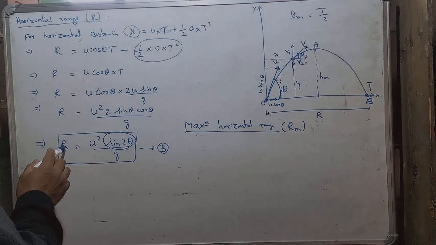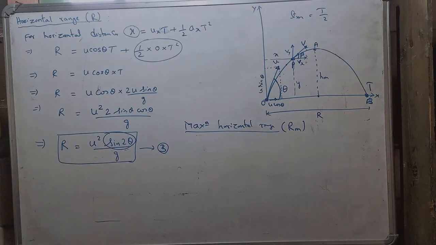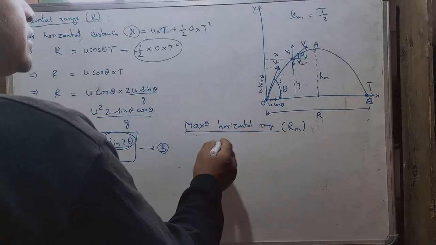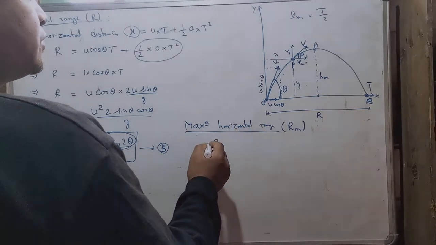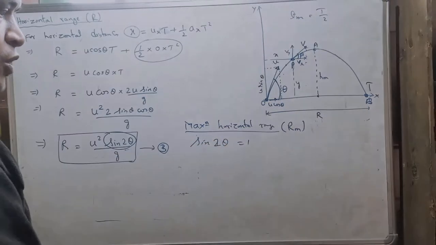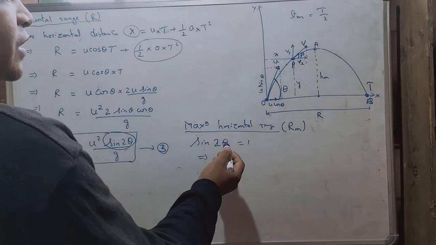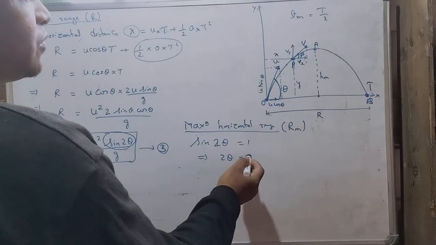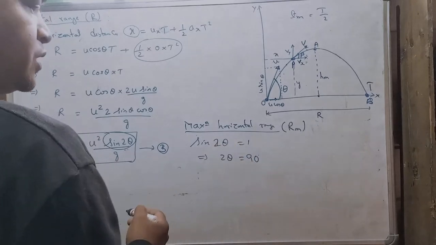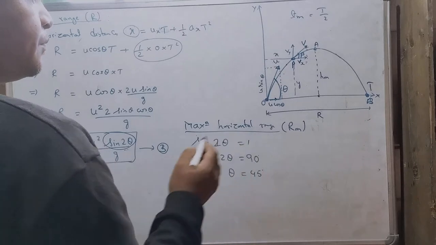So in order that this R is maximum, this sine 2 theta should be equal to how much? Should be equal to 1, because the maximum value of sine theta is 1. So for maximum horizontal range, this sine 2 theta should be equal to 1. We know sine 90 is equal to 1. So this 2 theta should be equal to 90 degrees, because sine 90 is 1. Or I can say theta is equal to 45 degrees.